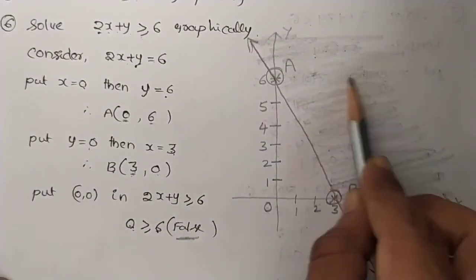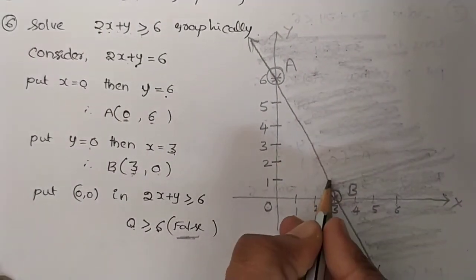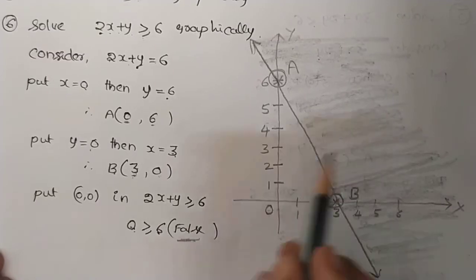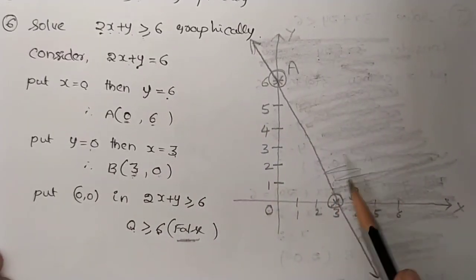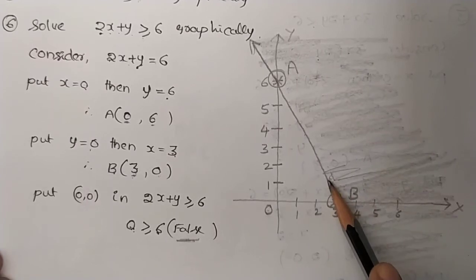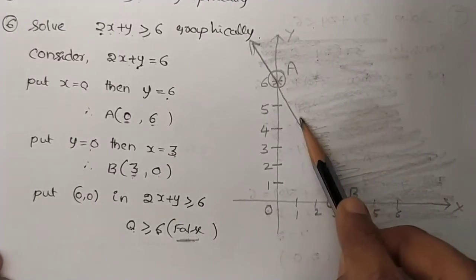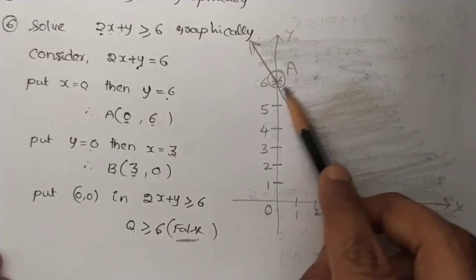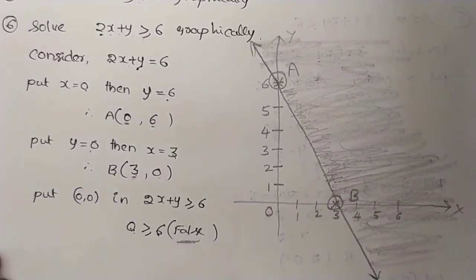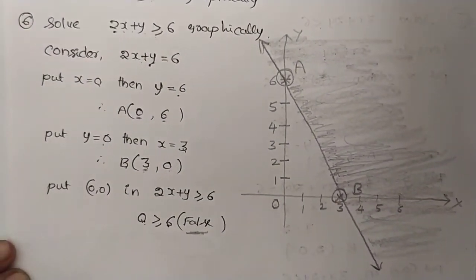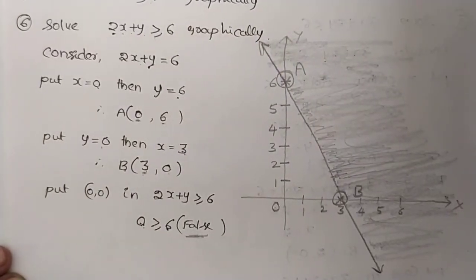That shading should not cross this line. Remember, that shading should not cross this line. This is the representation of the graph of the inequality 2x plus y is greater than or equal to 6.